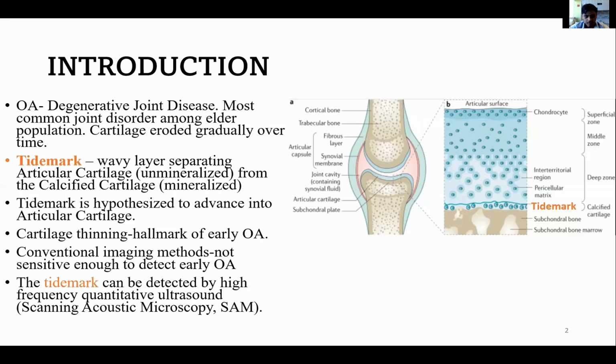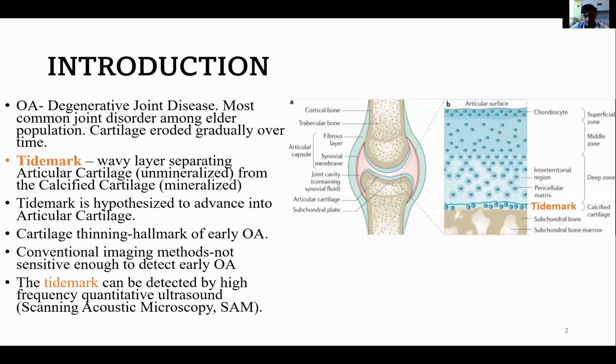It is responsible for maintaining the thickness of the articular cartilage in normal joints. In osteoarthritis, this tide mark layer is hypothesized to advance into the articular cartilage, making the cartilage thinner, and hence leading to more load on the surface of the cartilage and more erosion over time.